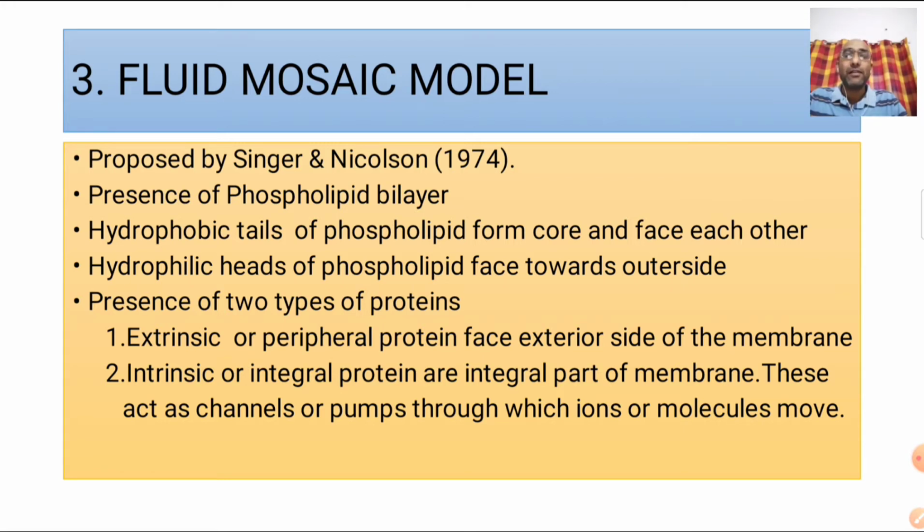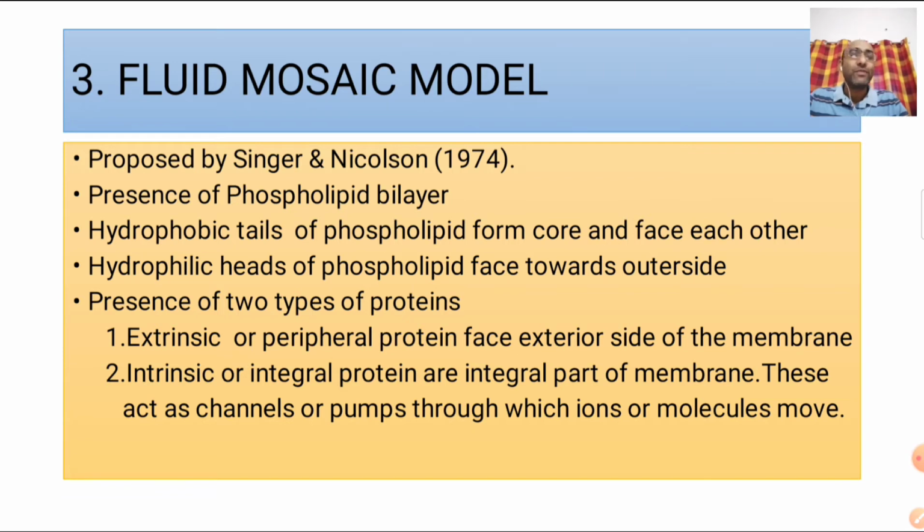The tail of this phospholipid bilayer is hydrophobic, and it forms the core, like Daniell and Davson's proposal, and the tails face each other. Whereas the hydrophilic heads face towards the outer side.